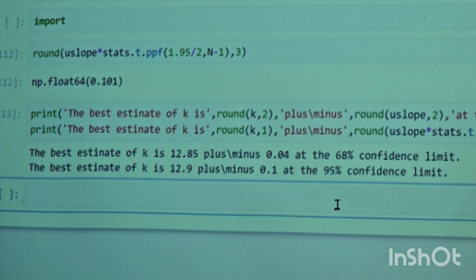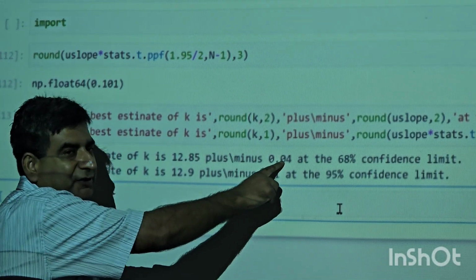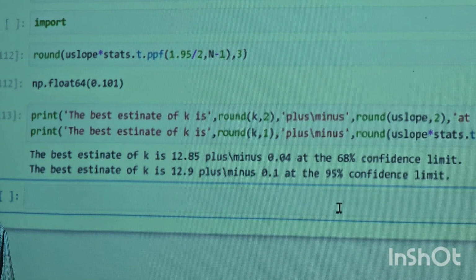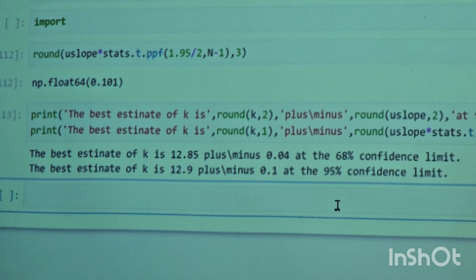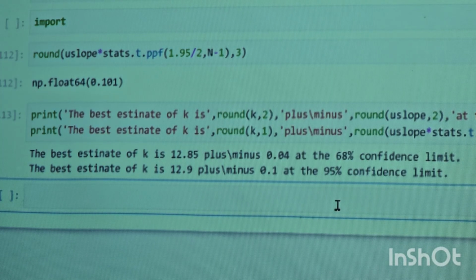So I've used the formula to calculate this uncertainty in the slope. Actually, this is the uncertainty in the slope, 0.04. Then I multiply with the numerical factor t, which I calculate from the point percentage function in the same manner, and I look at what the uncertainty in the slope would be at the 95% confidence interval.